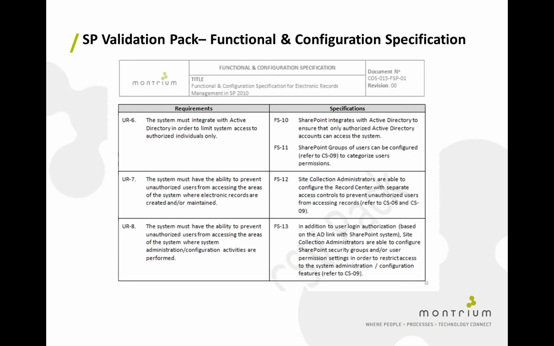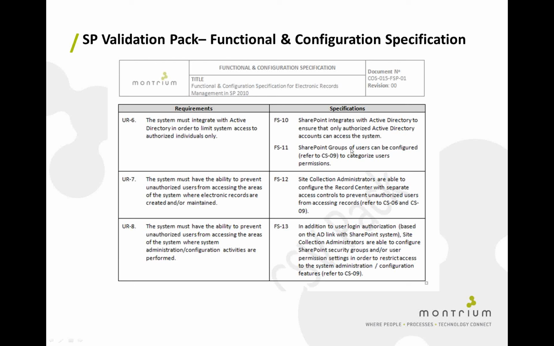So this is an example of that particular document. So the first part is really the mapping of user requirements to functional specifications. So if we look at the first user requirement, so user requirement 6, the system must integrate with Active Directory in order to limit system access to authorized individuals only. Here we describe how SharePoint meets that. So SharePoint integrates with Active Directory to ensure that only authorized Active Directory accounts can access the system.